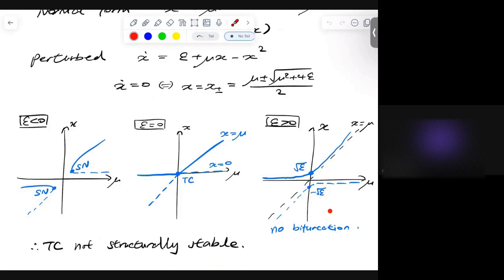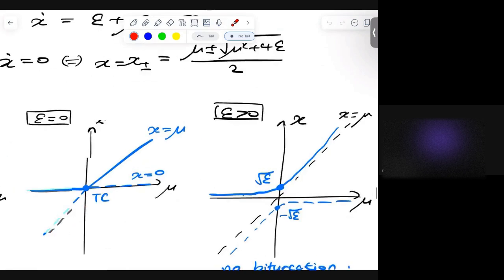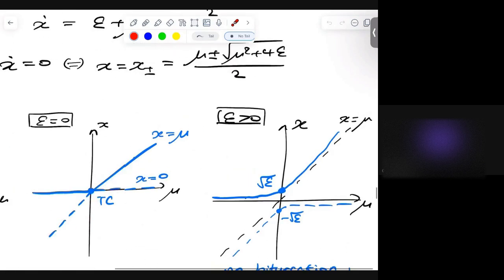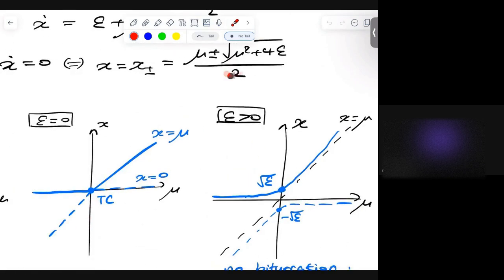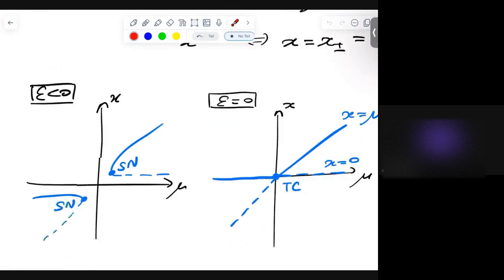But I guess a quick sanity check is, in the case epsilon greater than 0, let's say I plug in mu equal to 0 into this above form, then I'm going to indeed get plus or minus root epsilon, which is what we have here. We can do a similar thing over here.